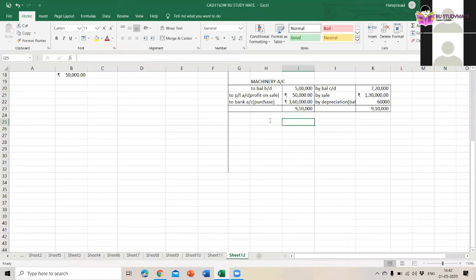Yeah, you can take bank also, because by selling we will get the cash. But whatever cash we are getting, we'll add here, by sale or by bank. If you write by bank, then in the bracket you should write sale.